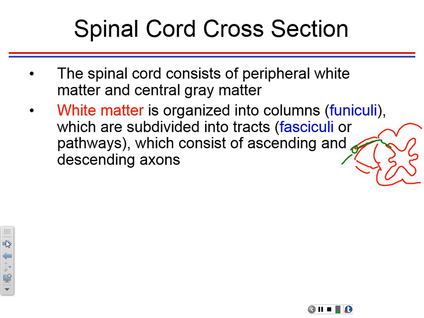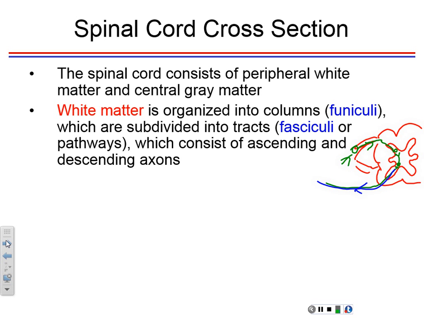It will synapse in here, and then you have an interneuron, and then the motor neuron comes down here. So this is going that way, and this is going this way. This is the gray matter in the middle, and soon enough I'll be talking about these horns. You see, this is the dorsal horn. These two are the dorsal horns, and they will be coming from the side as well.